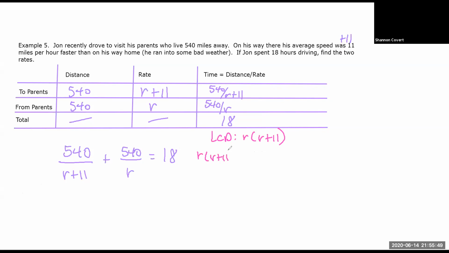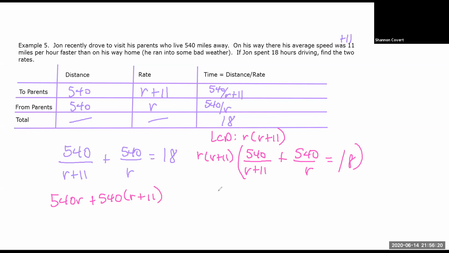R times R plus 11 times 540 over R plus 11 plus 540 over R equals 18. When I take R times R plus 11 times 540 over R plus 11, I'm left with 540R. When I take R times R plus 11 times 540 over R, I'm left with 540 times R plus 11. And when I take R times R plus 11 times 18, I'm left with 18R times R plus 11.